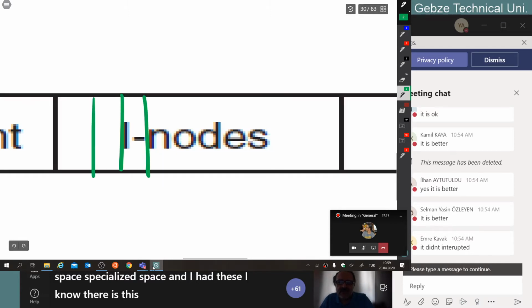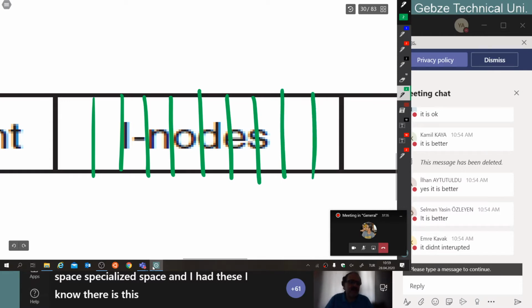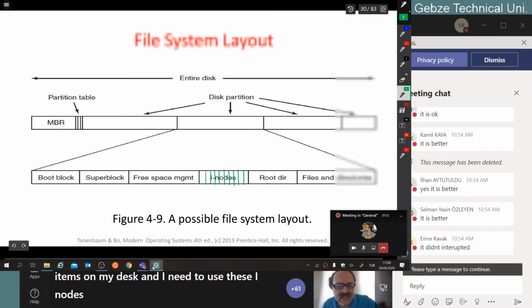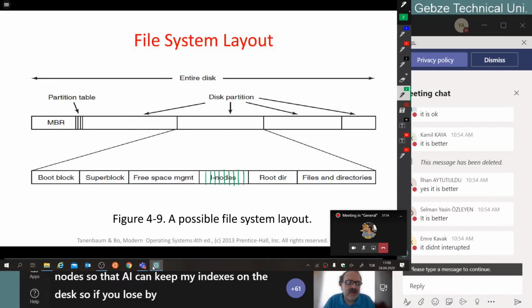And there are many inodes available. I use these inodes to keep my indexes for each file. There are a limited number of inodes on my disk, and I need to use these inodes so that I can keep my indexes on the disk. If you lose some of your inodes by accident, then your files will be corrupted very badly.